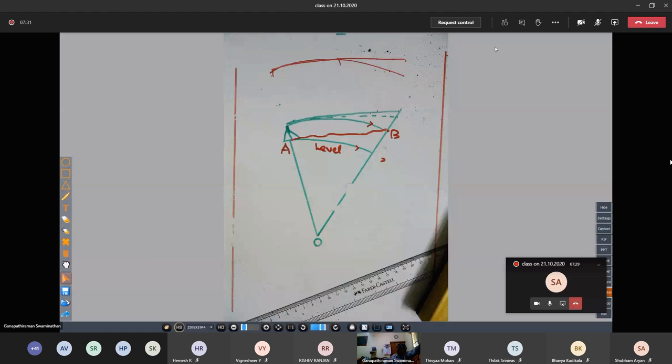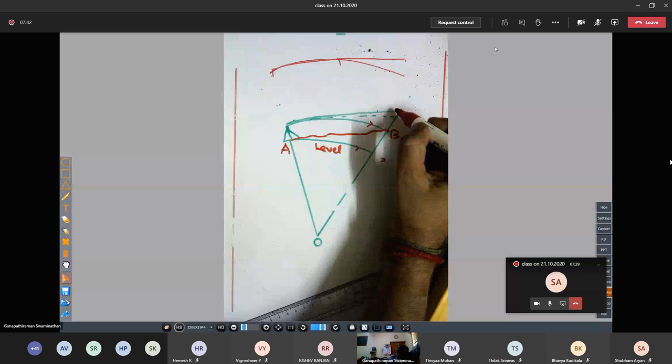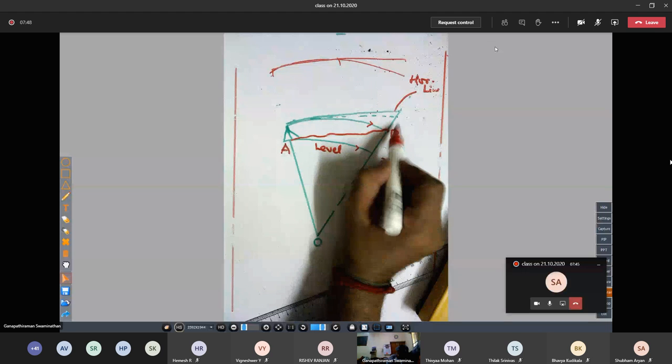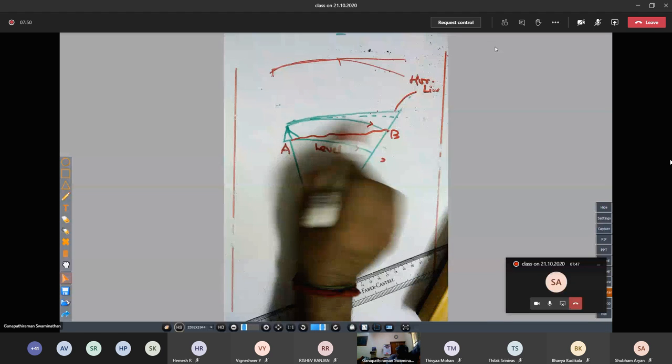For all 360 degrees of rotation, it generates a horizontal plane. This line is called the horizontal line. Because of the curvature of the earth, the level line departs from your horizontal line.